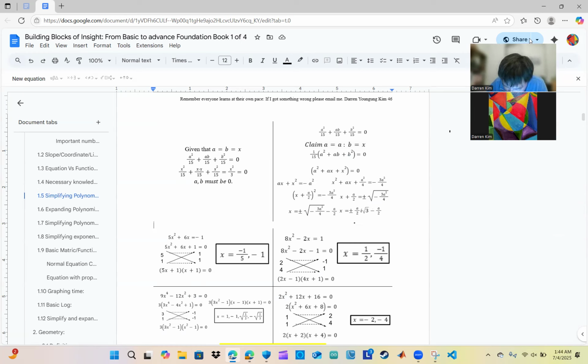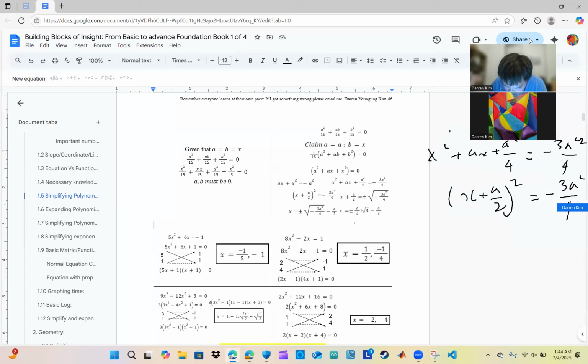After you get x squared plus ax plus a squared divided by 4 equals negative 3a squared divided by 4, all that's left is to say this. Then you square root this, plus or minus, and then say x equals plus or minus the square root of negative 3a squared over 4, minus a divided by 2.